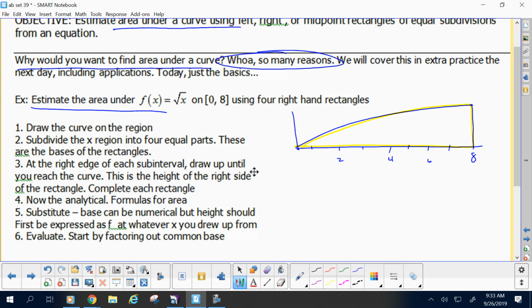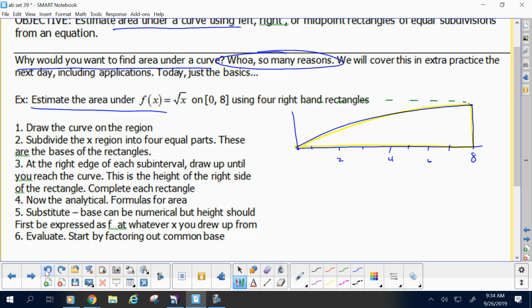The first, though, is how many rectangles I could use. Don't need to write this down, but I could use this in green. I could use 1 rectangle to estimate the area, and it would be a gross overestimate, and it would be simple, but it would be way too much area. You with me? Mm-hmm. All right.